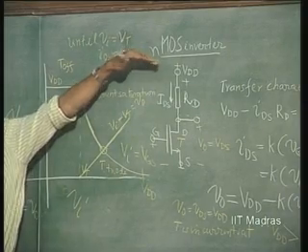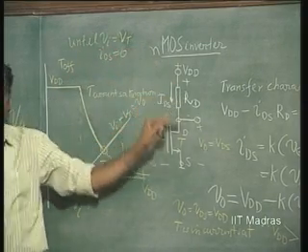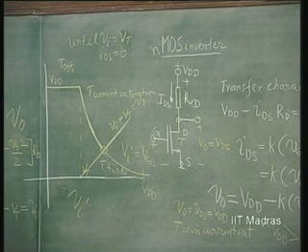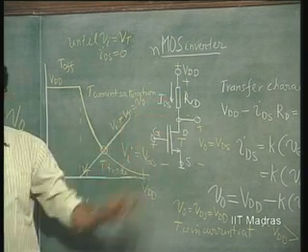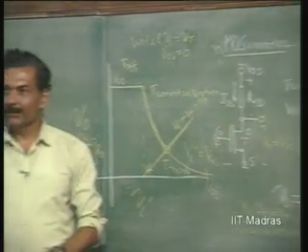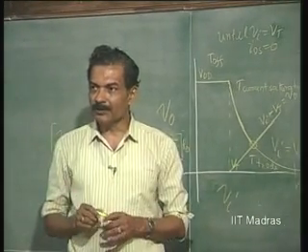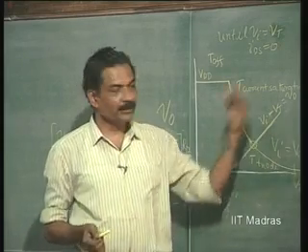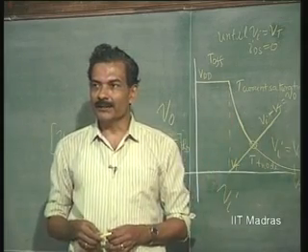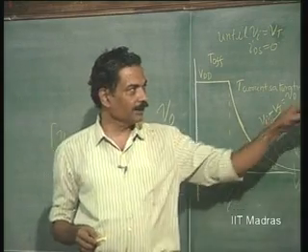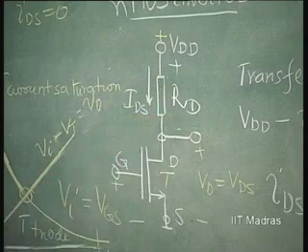Now, only thing is, there is no such resistance that is used in these inverters in VLSI circuits, because the resistance takes up a lot of space. We know that MOSFET itself can be used as a resistor, just now we have studied. So, why not put MOSFET itself as a resistor, instead of using a physical resistor there.